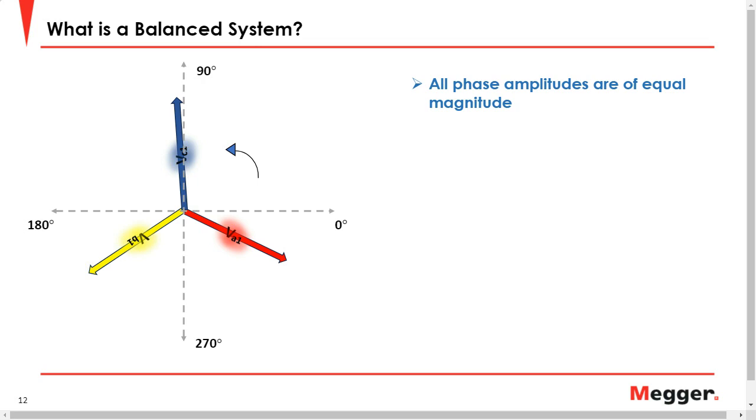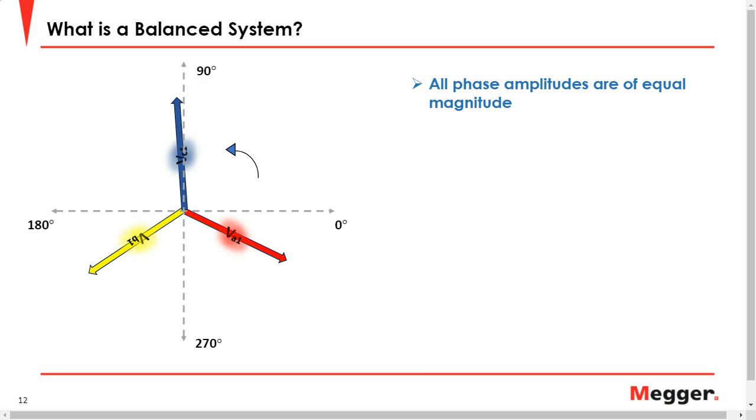Just another note here. When we speak of balanced and symmetrical, we're going to use those terms interchangeably. They're synonymous. Balanced versus symmetrical, and unbalanced versus unsymmetrical.